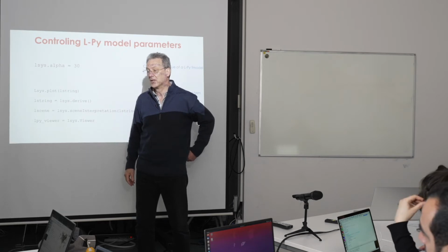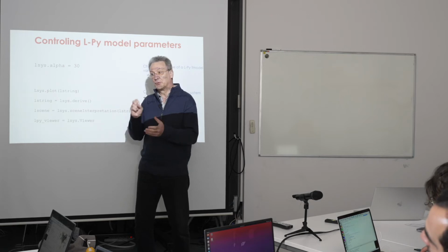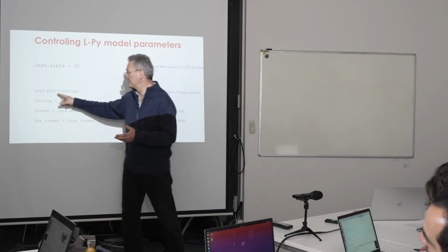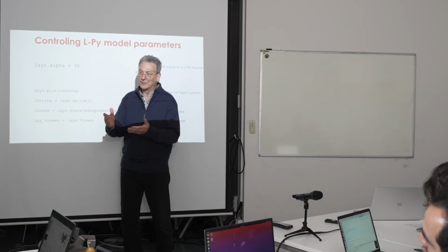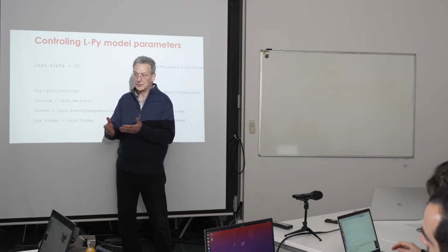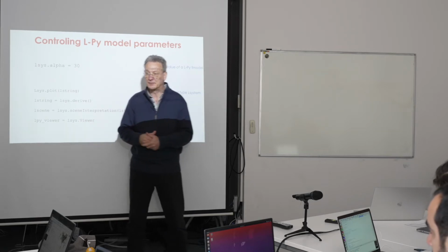But I thought we were outside of the LPy Studio. Yes, but you still can call the 3D viewer. So the plot does a lot of things. In particular, it calls for the interpretation rules, and it also creates the 3D viewer and displays the result. It does all things all together.